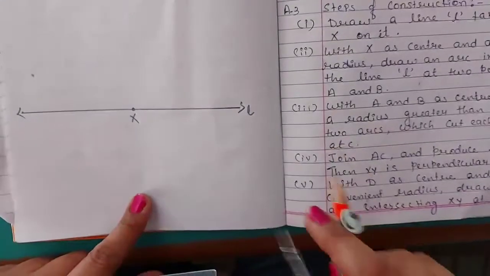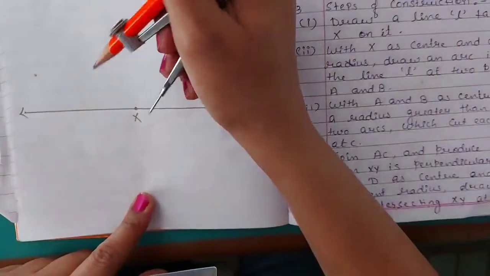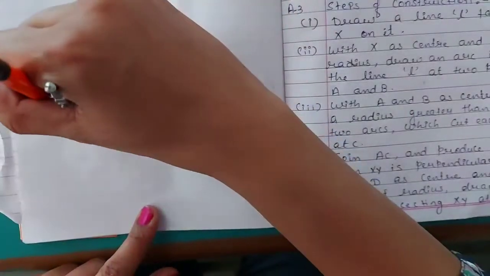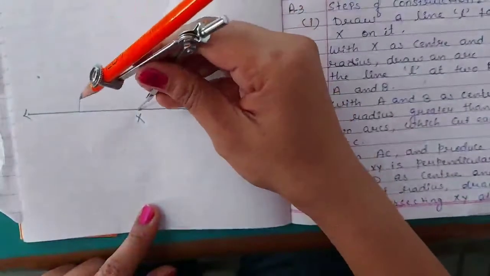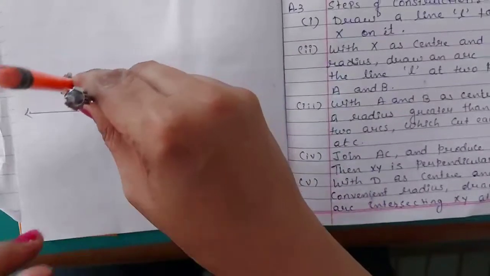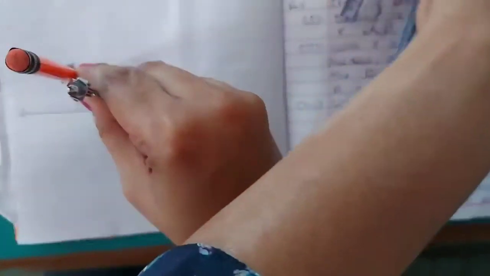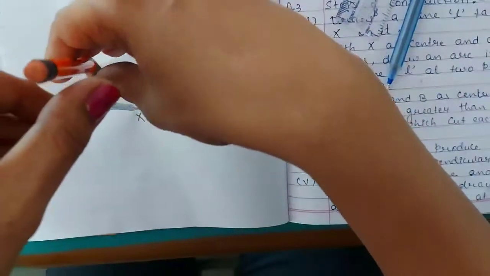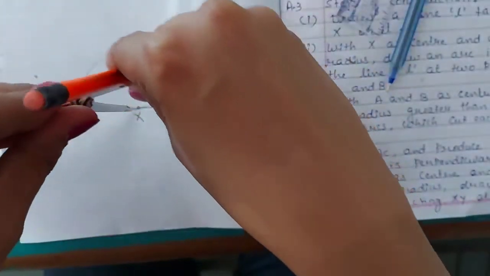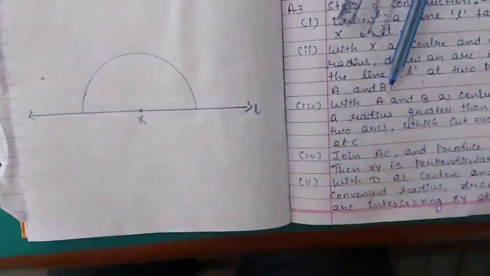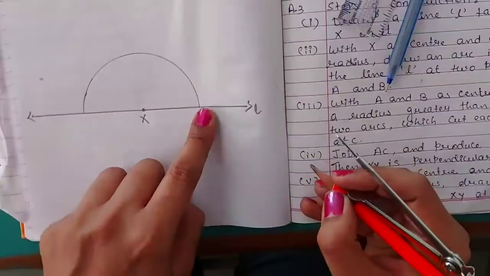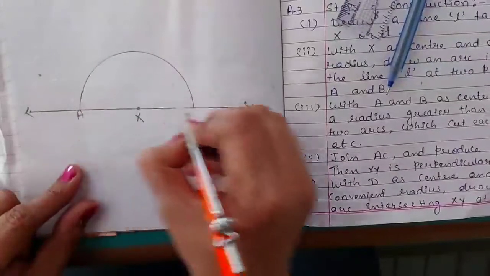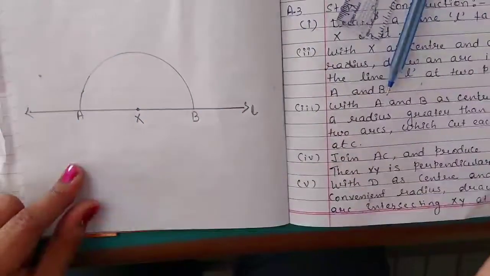So here we will take our convenient radius and we will draw an arc with X as a center. As these two arcs intersect on the line L, we give them the names A and B.